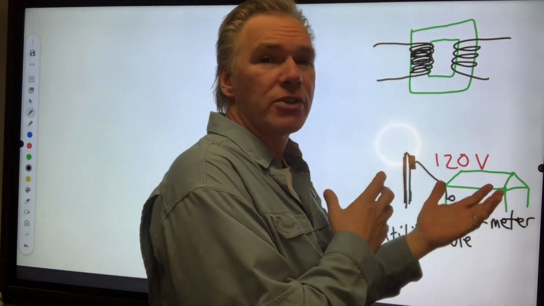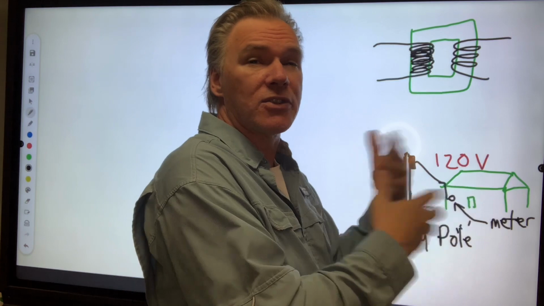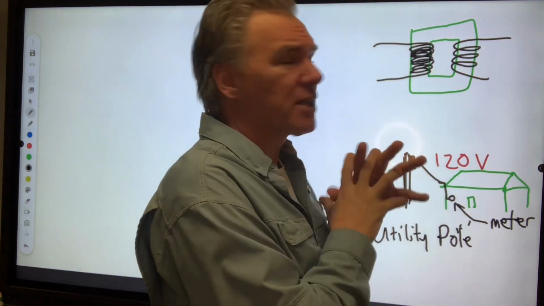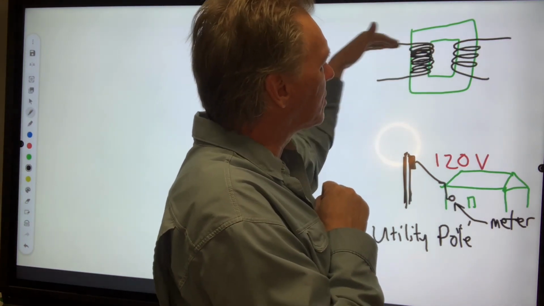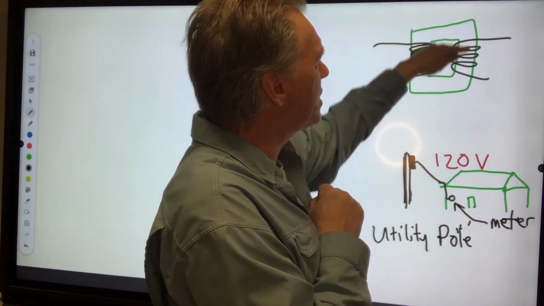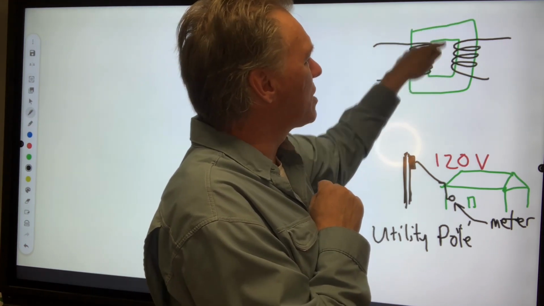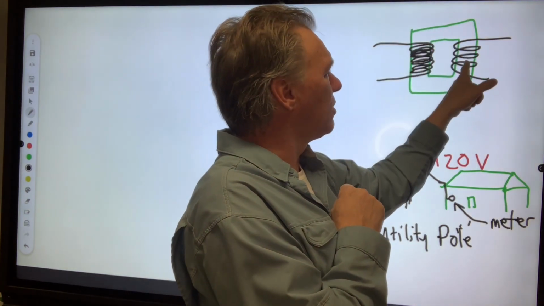And because it's alternating current, it's going in this direction, in this direction, this direction, this direction. In the United States, it switches directions 55 times a second, or 55 cycles a second. Because it's a changing electrical field here, it creates a changing magnetic field in this piece of metal. And that changing magnetic field makes a current flow in this wire.